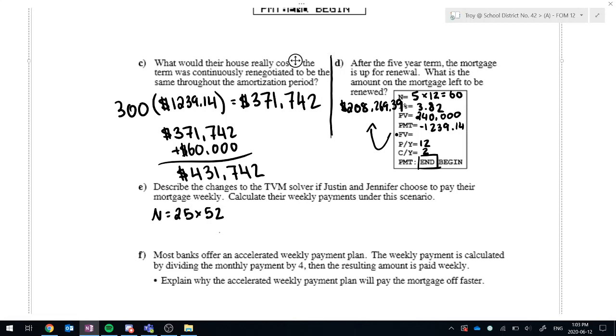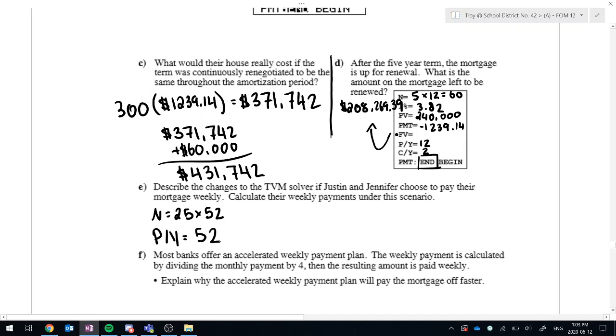And we would have to change the payments per year to 52 as well, because we'd be making 52 payments every year. Everything else would stay the same, the interest rate, the present value.